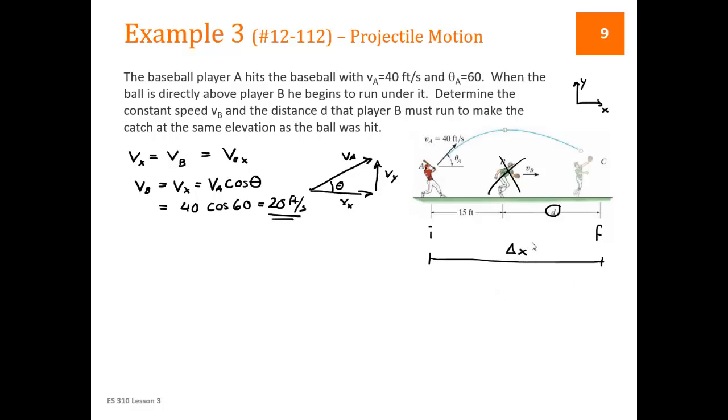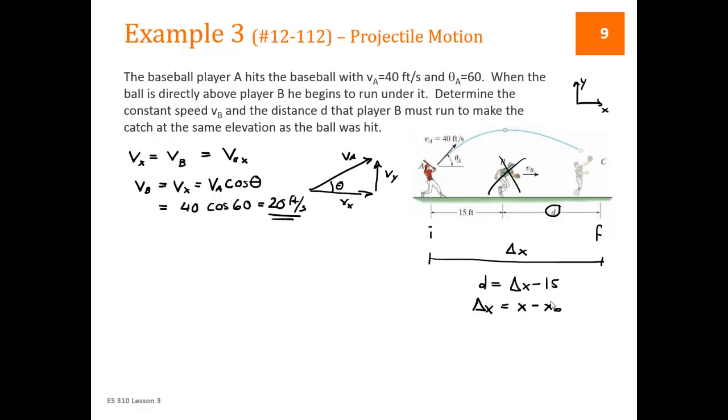Delta x then is related to D. If we know delta x, then we find D is equal to delta x minus 15. So the question is, how do we find delta x? Well, delta x is the final position x minus the initial position x, which we could say is 0, and we're just solving for x.